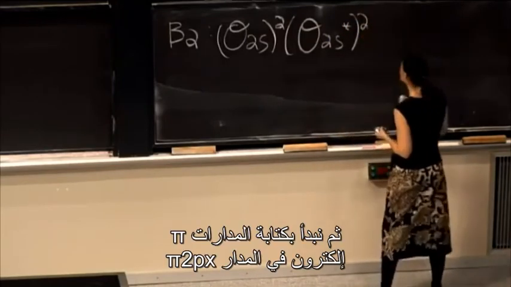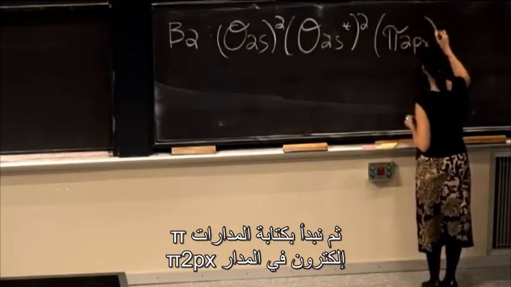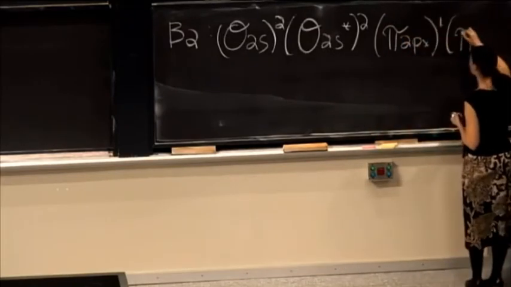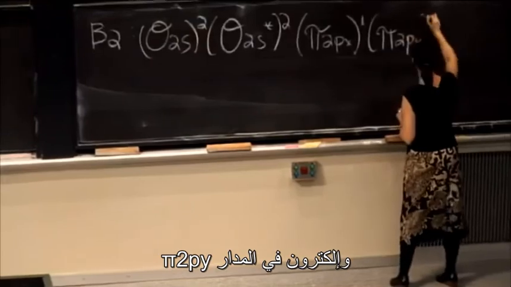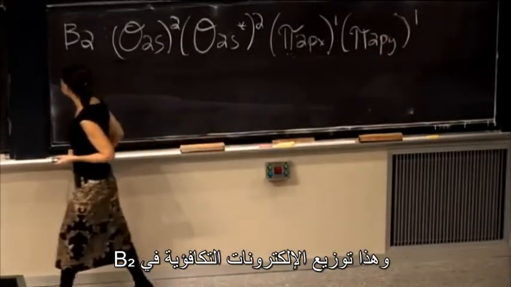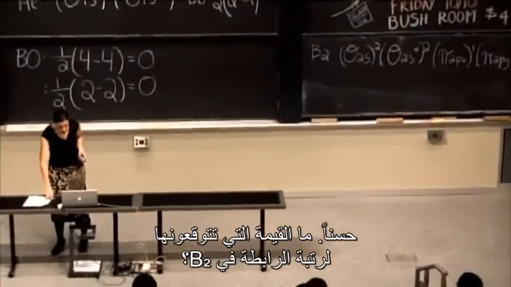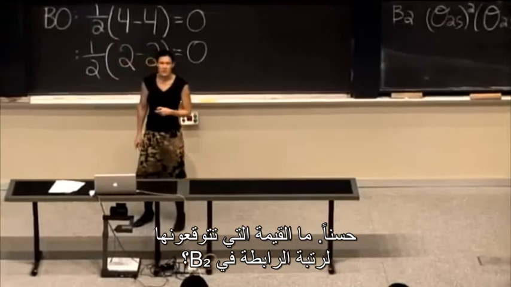And now we start in with our pi 2px 1, and our pi 2py 1. So this is our valence electron configuration for B2. All right, so what would you expect the bond order for B2 to be?